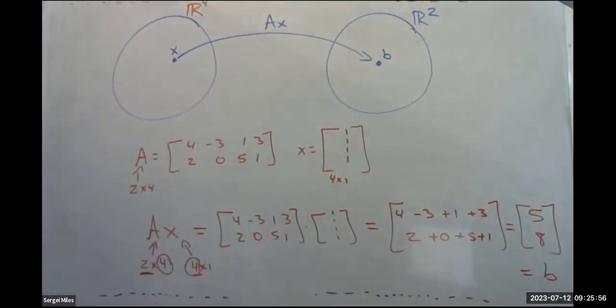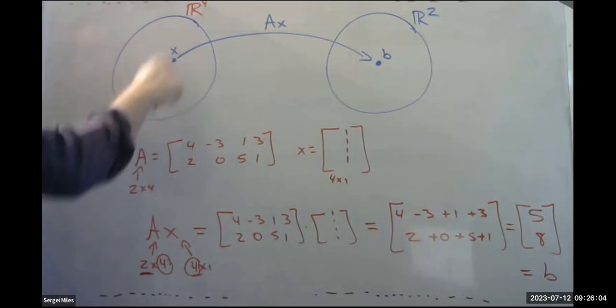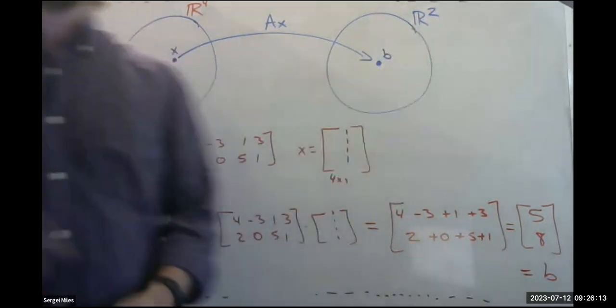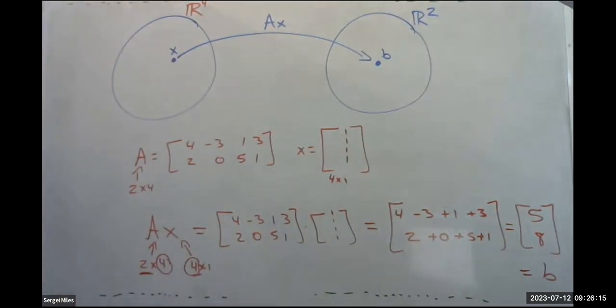So key point here: B is still in R2. What's happening? I'm plugging in any possible vector that's in R4, but when that vector in R4 is transformed by A, it becomes a vector in R2, with fewer variables, with fewer coordinates.